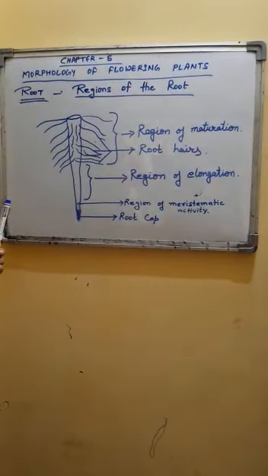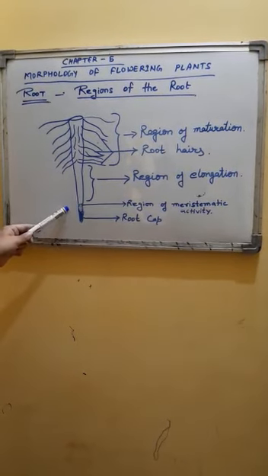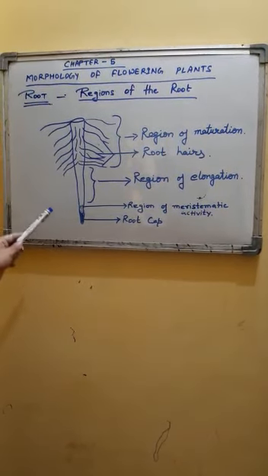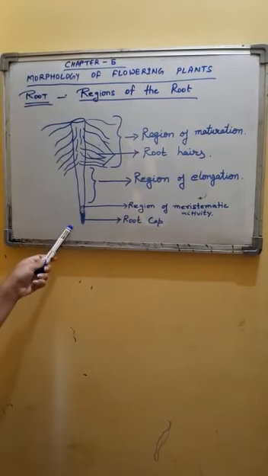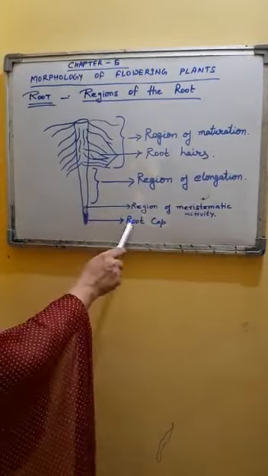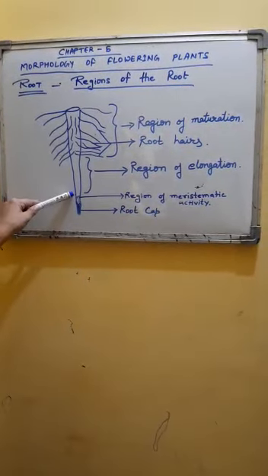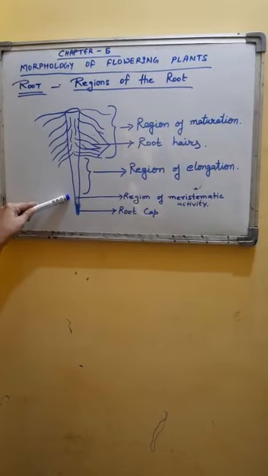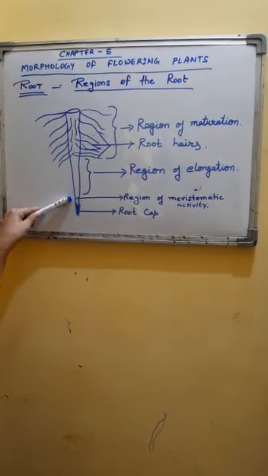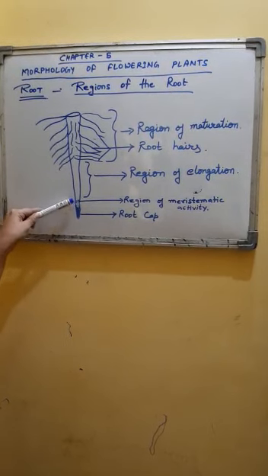So basically we studied that root has been divided into four basic regions. The very first is the area of root cap, which covers the tender and soft tip of the root. After that is the region of meristematic activity, having small thin cells which are engaged in repeated division.